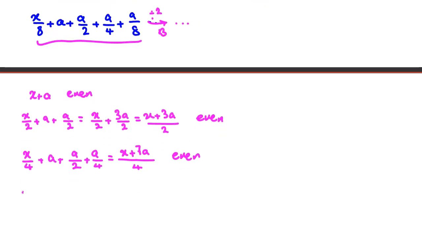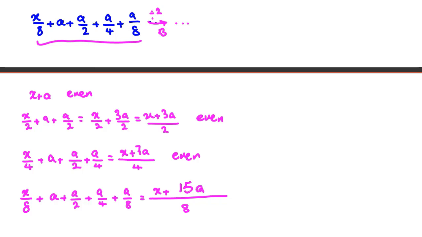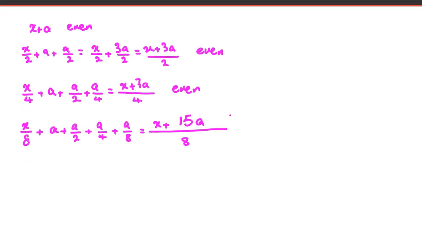And then this one: X over 8 plus A over 2 plus A over 4 plus A over 8. Then we consider common denominator 8. It will be X plus 8A plus 4A, 12A, plus 2A, 14A, plus 1A, 15A over 8. And now let's consider in general. This number also should be even.